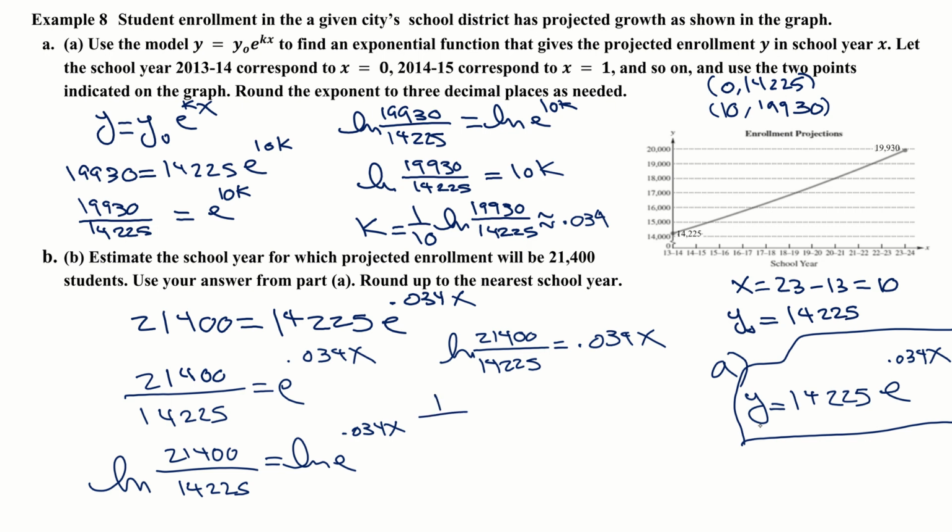So we get 1 over 0.034 times ln of 21,400 over 14,225 is going to be x. Let me separate these a little bit. So we get x is approximately, we're going to go ahead and compute that.